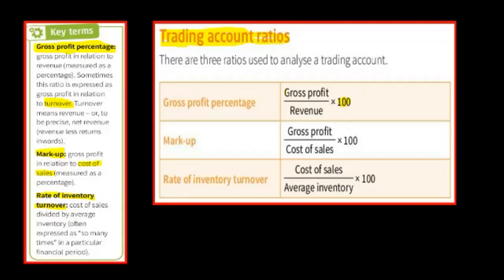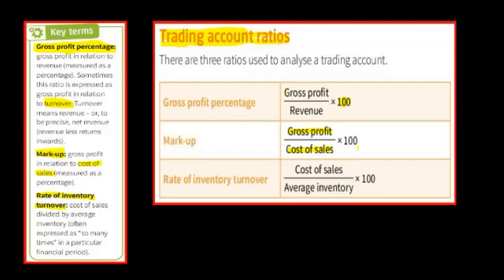The markup is gross profit, not on revenue this time, but on cost of sales. So the gross profit from here is the same as the gross profit from there. And we multiply by 100 again to make it into a percentage.